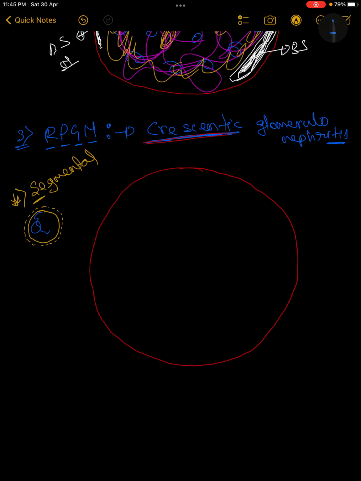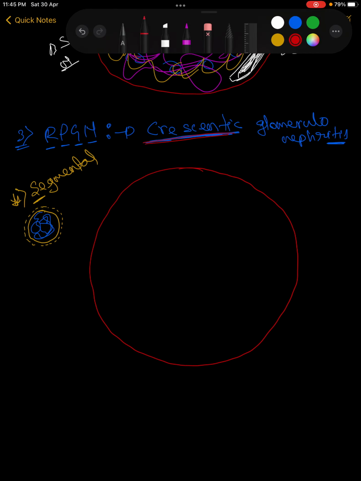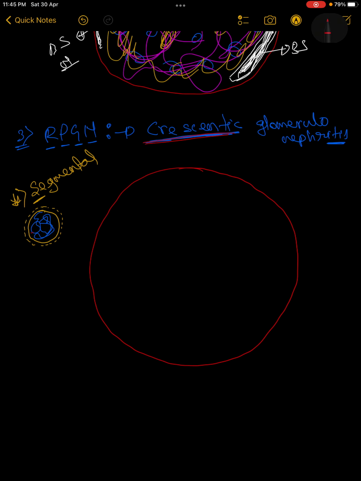Let's suppose this is all our capillaries, okay. If the pathology is in only one part of this glomerular tuft, so think about this is affected or injured, and this part is normal. This kind of scenario is known as segmental, okay.